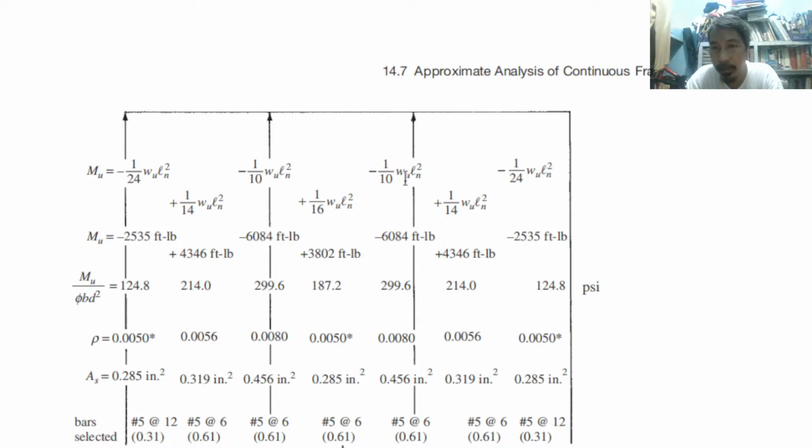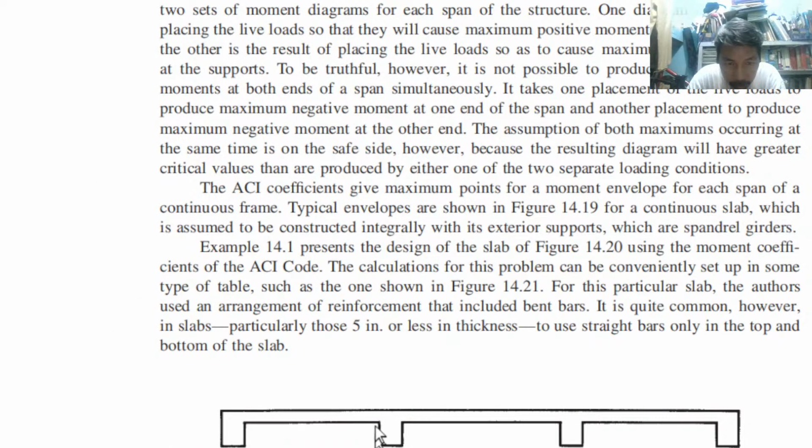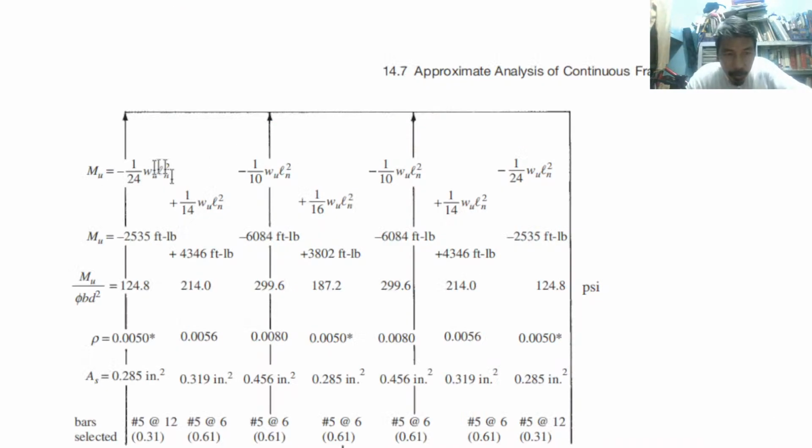That's why we use 1 over 10 rather than 1 over 11, because it is larger. Okay? Do we follow? We follow. That's why we have 4 negative moment values and 3 positive moment values. Everything are coefficients of WL squared. We know that L is equal to 13.